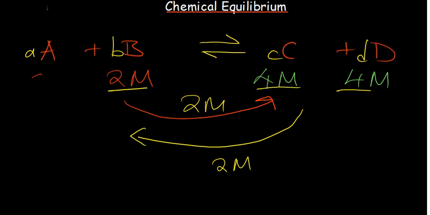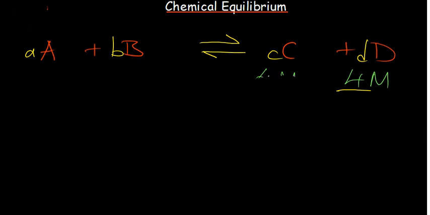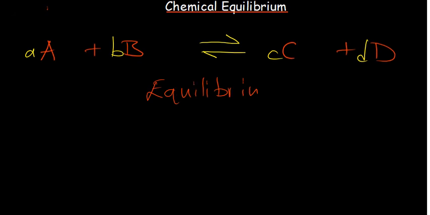So now we know that chemical equilibrium is about the rate of the forward and the backward reaction. Under chemical equilibrium, we're going to be very interested in calculating the equilibrium constant, because it's very helpful in our calculations.